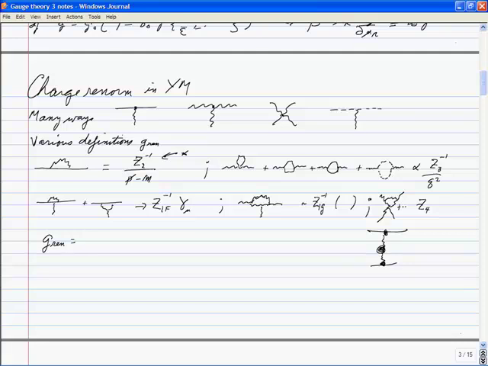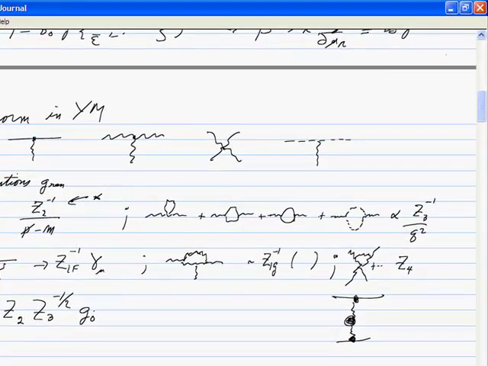So you take half of that, it turns into Z1F minus 1, Z2, Z3 to the minus a half, G0.